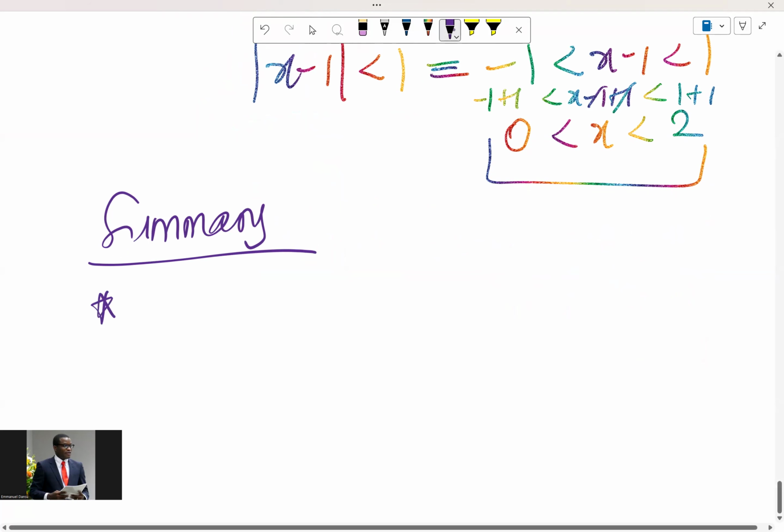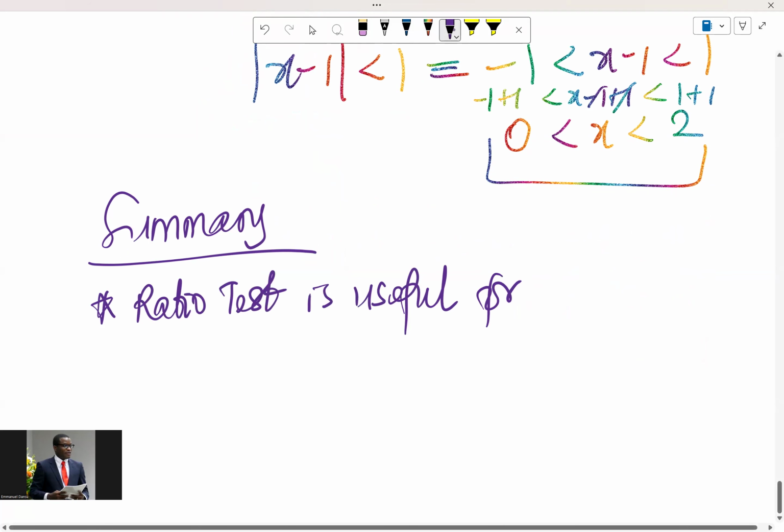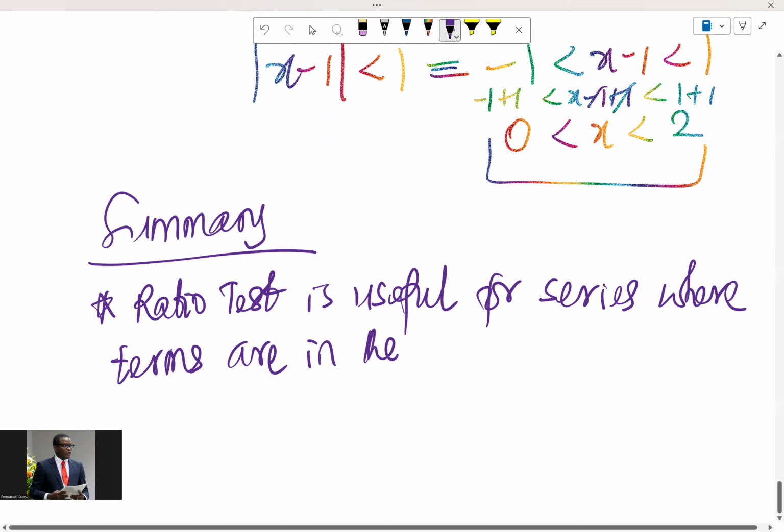Take note that the ratio test is useful for series where terms are in the form of a_n (x minus c) raised to power n.